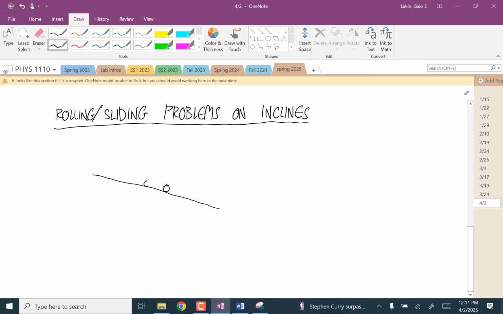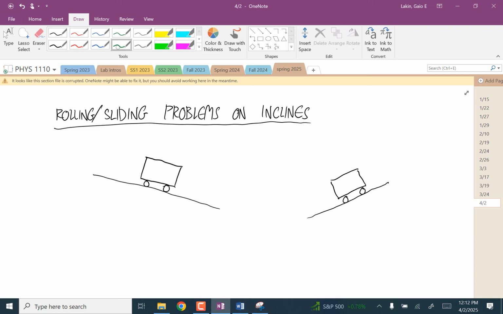In a way, there are really only 2 kinds of inclines you can have. You can have one facing this way, or you can have one facing this way. Okay. And in both of those cases, we are always going to use, and this is a new thing we haven't done yet in this class, a coordinate system that makes the math easier.